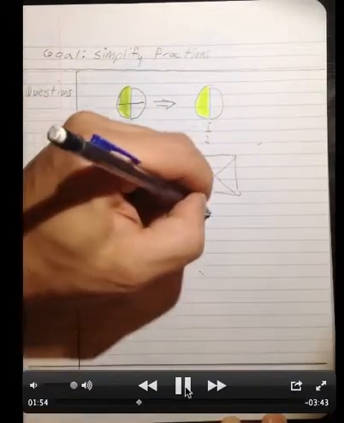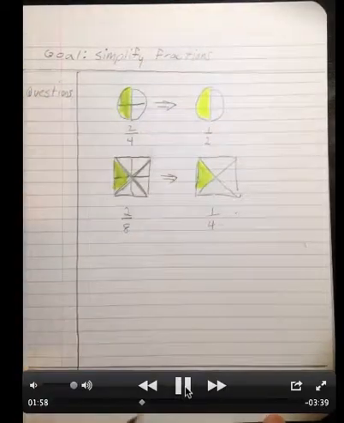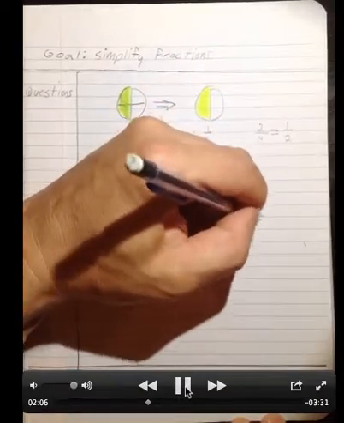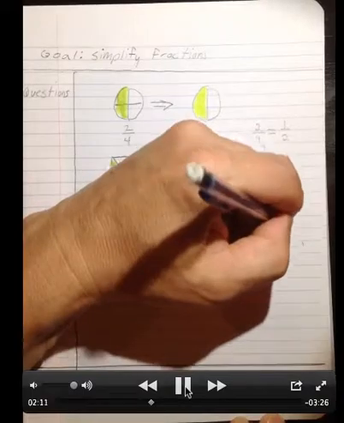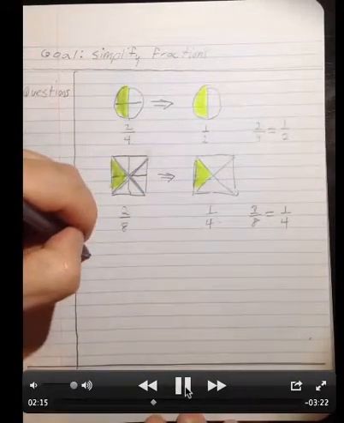Again, notice how the same amount is shaded. The yellow part is the same size. And so that's the fraction 1/4. So 2/4 equals 1/2. 2/8 is the same fraction as 1/4.